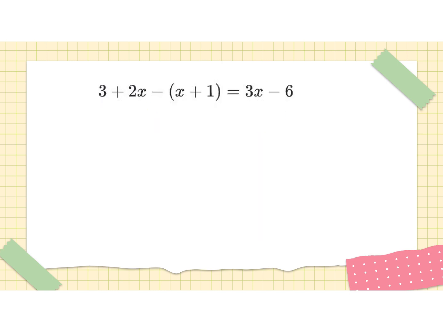Let's try it again. This time, the first thing I'm going to do is actually distribute that negative straight through. Don't forget to go to the second term. So I have 3 plus 2x minus x minus 1 is equal to 3x minus 6. Then I'm going to combine my like terms, both of them.